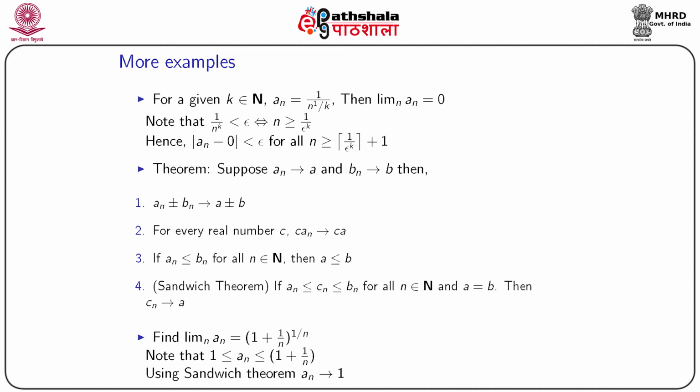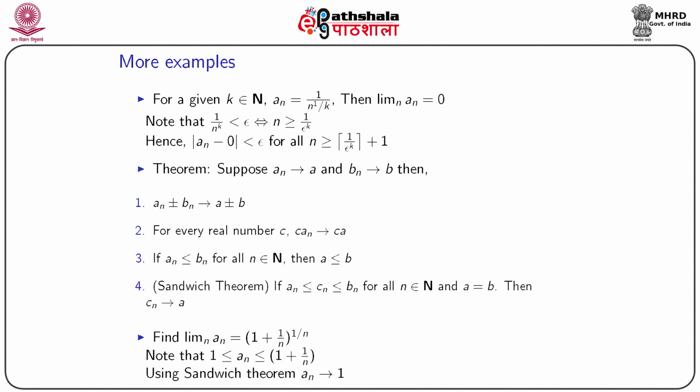Now one application of the sandwich theorem we can see by this example. Suppose you are asked to find the limit of a sequence where a_n is (1 plus 1 over n) to the power 1 over n. Now I can write (1 plus 1 over n) to the power 1 over n as greater than or equal to 1, because we are adding some positive quantity to 1, and it is obviously less than 1 plus 1 over n.